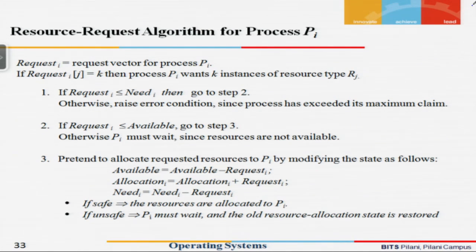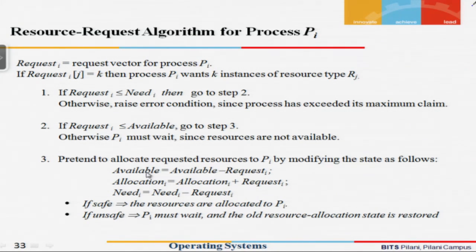So if Request_i is greater than Available, the ith process must wait till the resources get released from the other processes. And if Request_i is less than Available, the algorithm pretends to allocate the requested resource to the ith process.